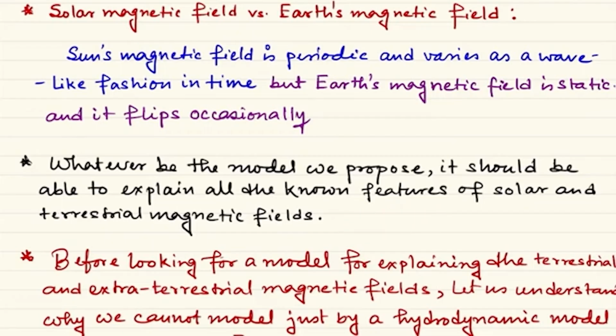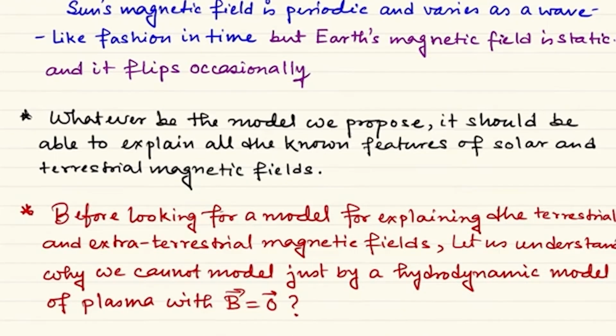But before looking for a model to explain the terrestrial and extraterrestrial magnetic fields, let us first understand why we cannot model it just by a hydrodynamic model of plasma with B equal to 0. So that is the question. Why are we claiming that all these models should have some magnetic field, and that's what we are searching for?